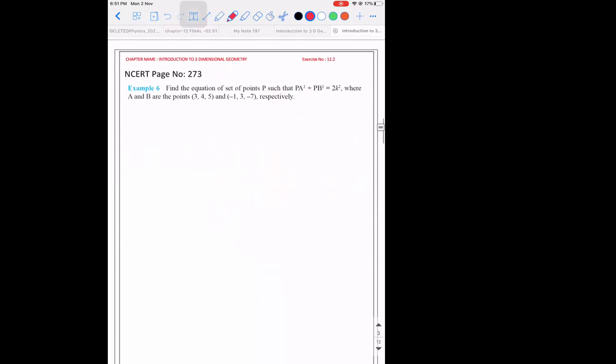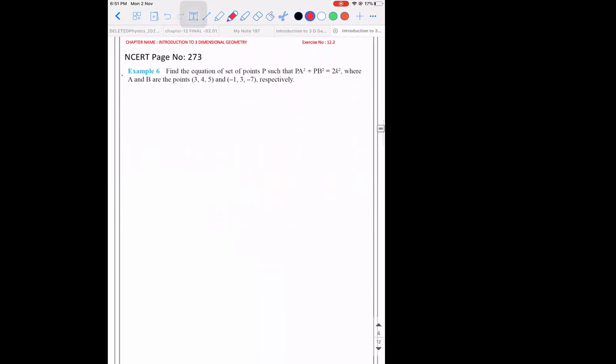Yes, sir. Now listen. So 6th example I will do. Find the equation of the set of points P such that PA square plus PB square is equal to 2K square, where A and B are the points (3, 4, 5) and (minus 1, 3, minus 7) respectively. So let the point P be (x, y, z). It is like the moving point, like how we derived circle equation, ellipse equation.